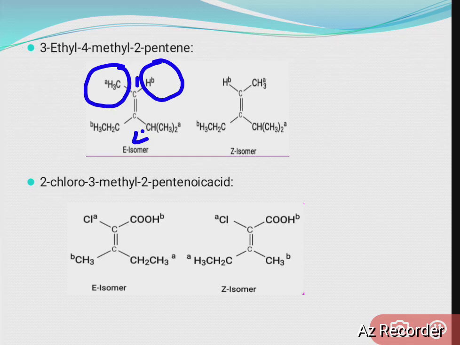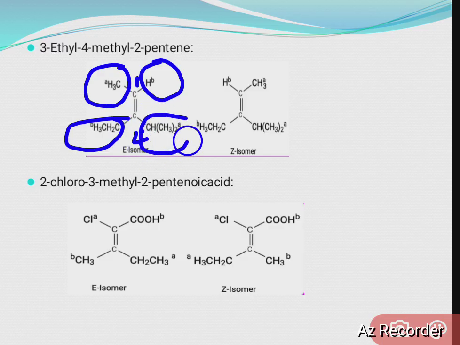See here, one is the ethyl, the second one is the dimethyl. Two methyl groups are attached to the carbon atom. It is the methyl ethyl.